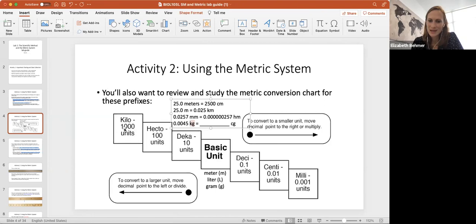Kilograms is on this side, and we're moving to a smaller unit. So we're going to move the decimal to the right. How many places do we need to move the decimal over? 1, 2, 3, 4, 5 to get to a centigram. Good. So we're going to take our decimal here and we're going to move it 1, 2, 3, 4, 5. So we're going to get 450 centigrams.